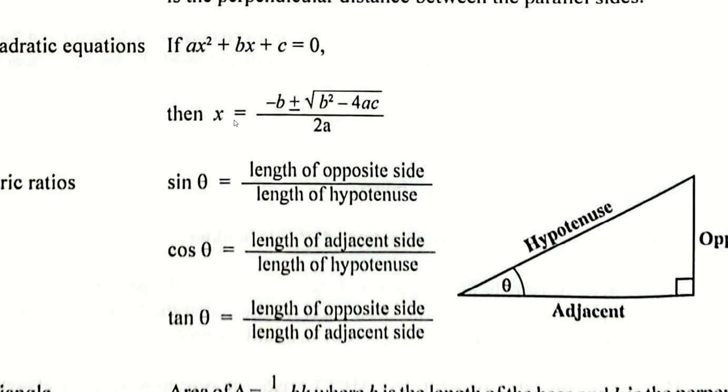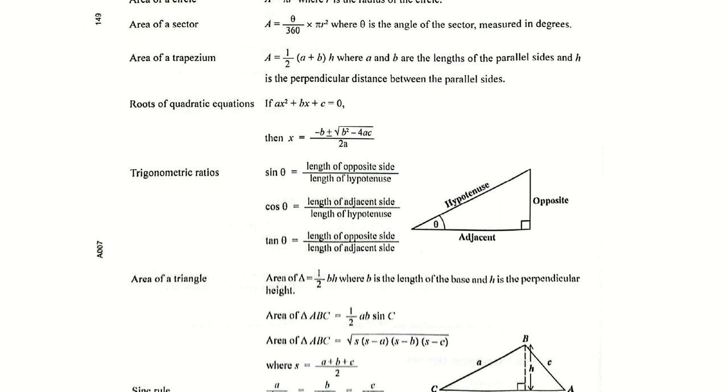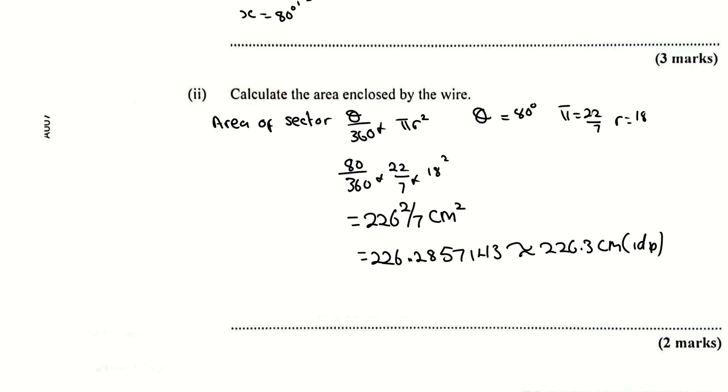If you're not able to remember your formulas, there is a list of formulas that they give you in the formula sheet at the beginning of your past paper. So if you're not good at remembering formulas, utilize this, please.